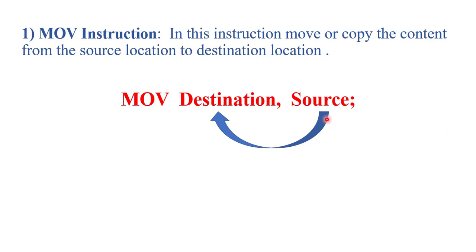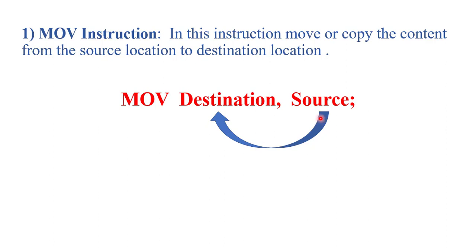Each bank contains 8-bit registers. So the source location can be an 8-bit register of a selected register bank, R0 to R7. It can also be a RAM memory location, internal RAM or external RAM.